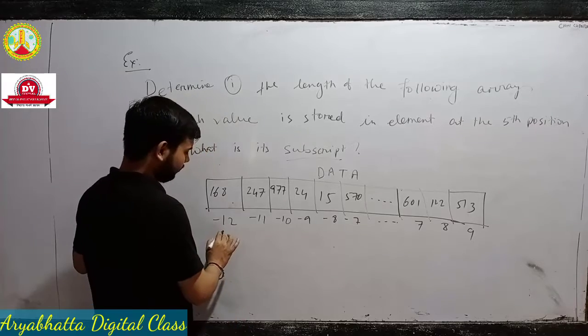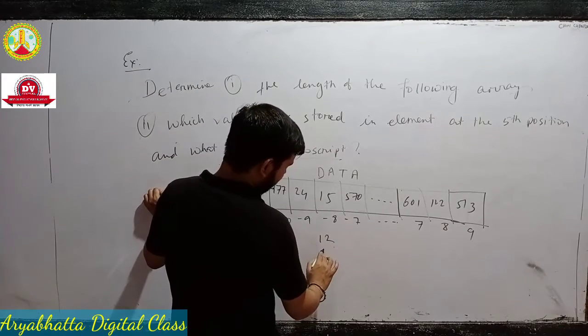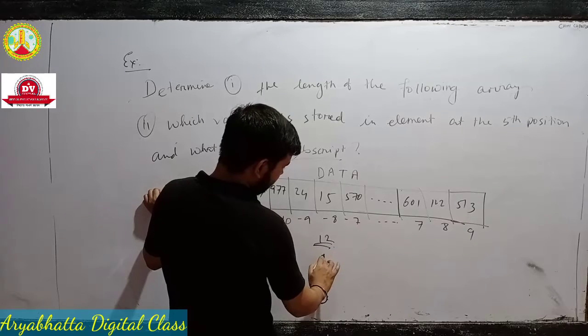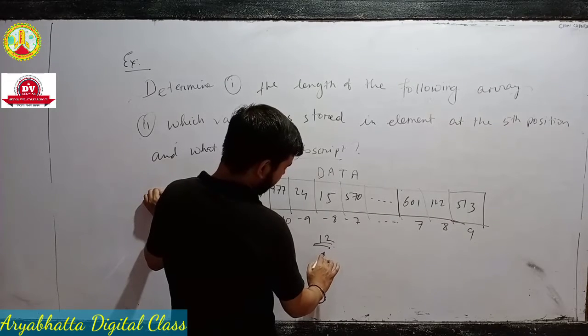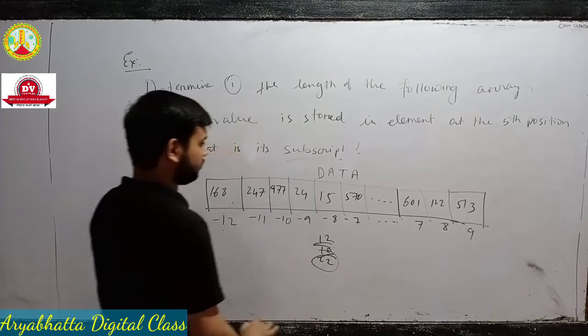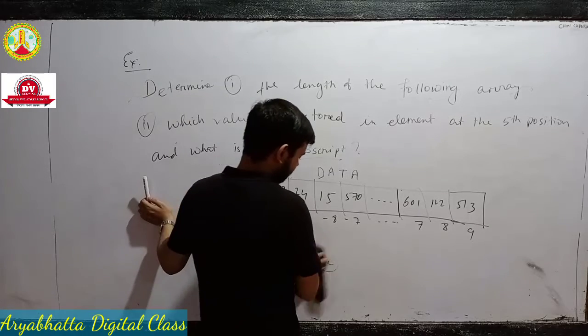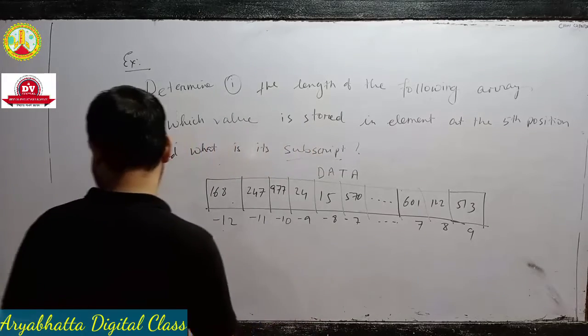It's simple: minus 12 to 0 is 12, and from 0 to 9 is 10. The length is 22.